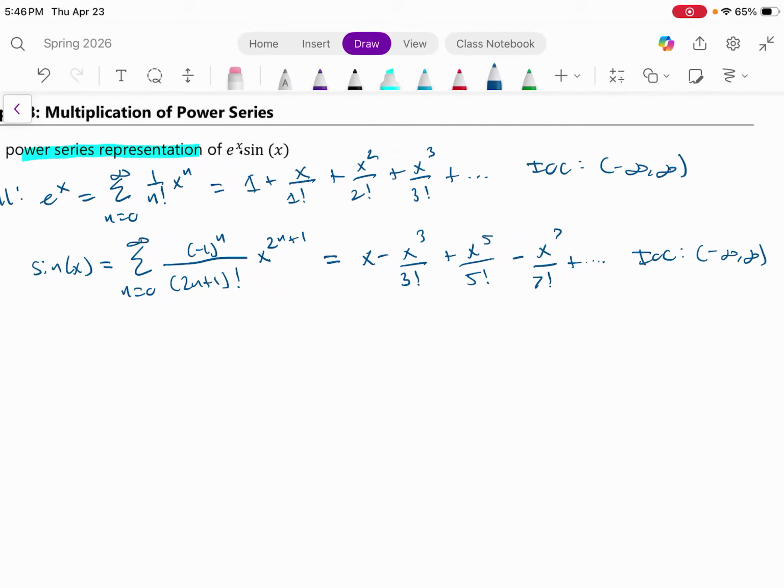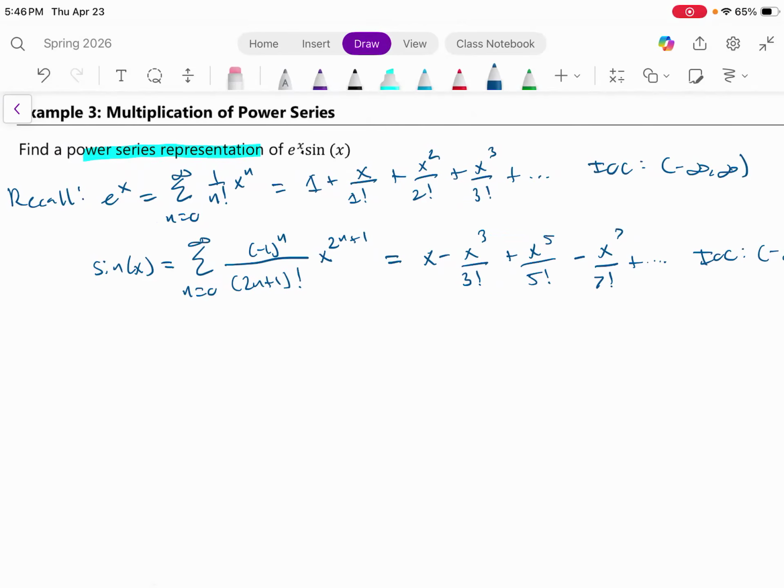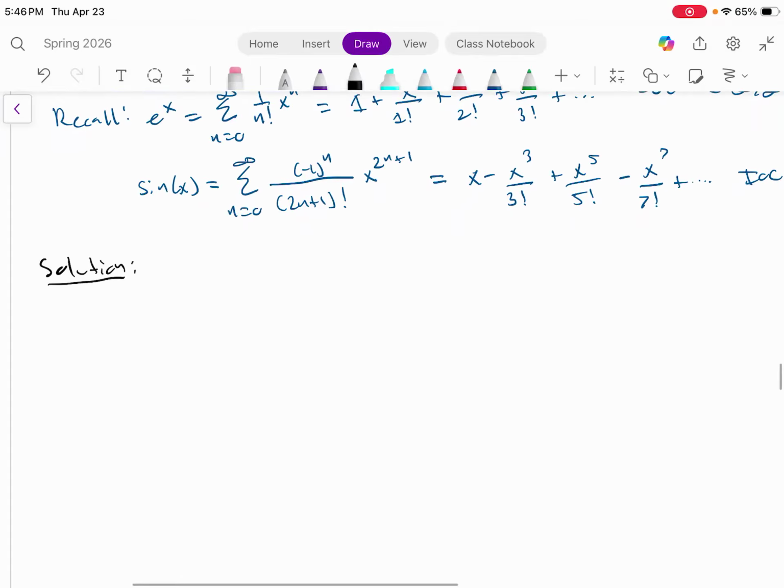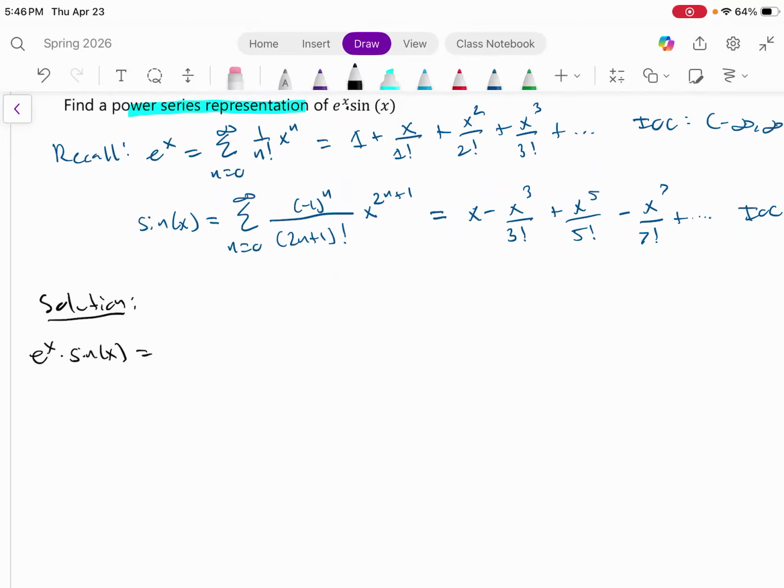Let's go ahead and start having fun with this. We want to find a power series representation of the product, so we multiply them. This would be e to the x times sine of x. What is e to the x? We wrote down a couple terms: 1 plus x plus x squared over 2 plus x cubed over 6.